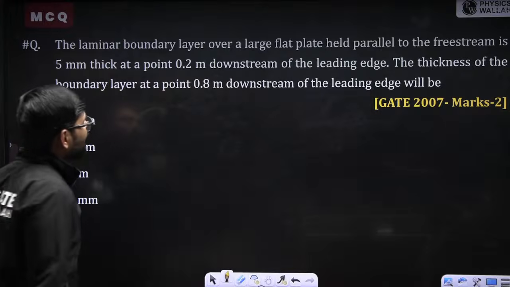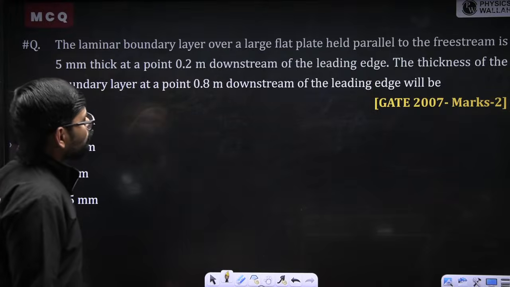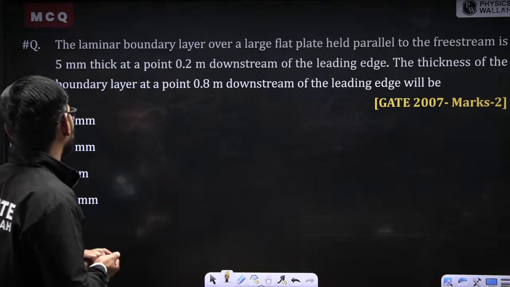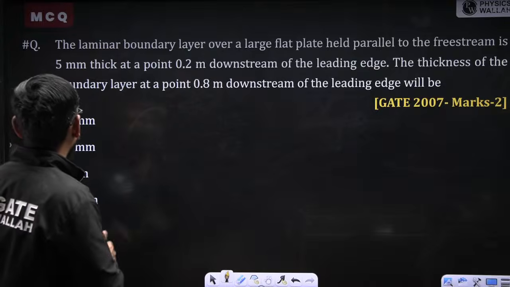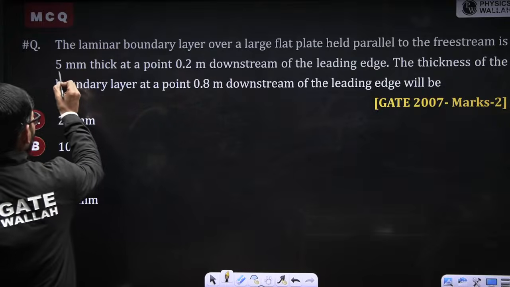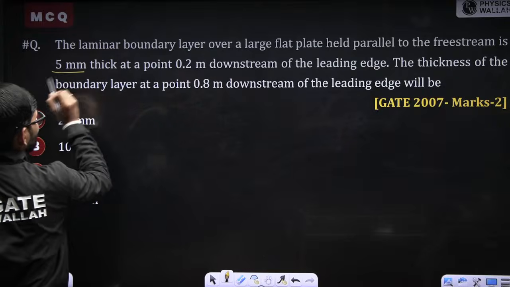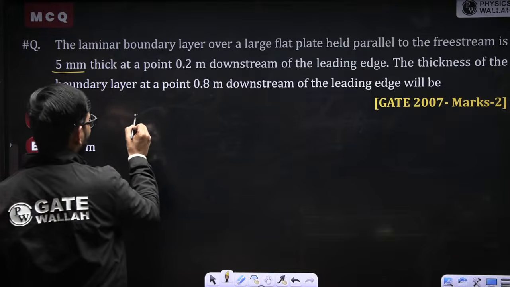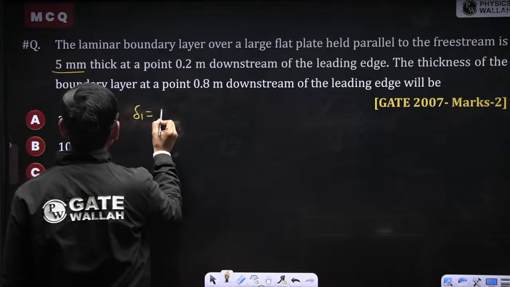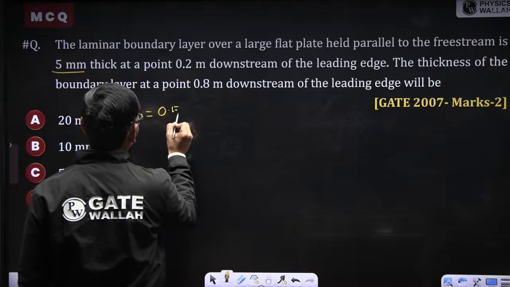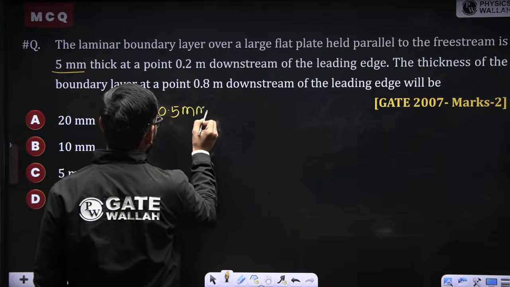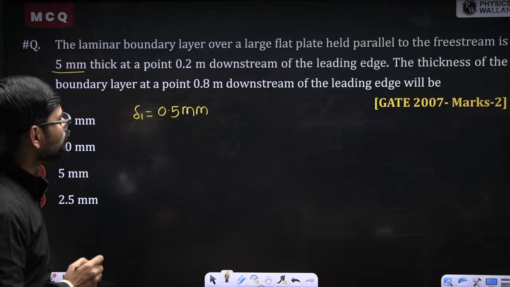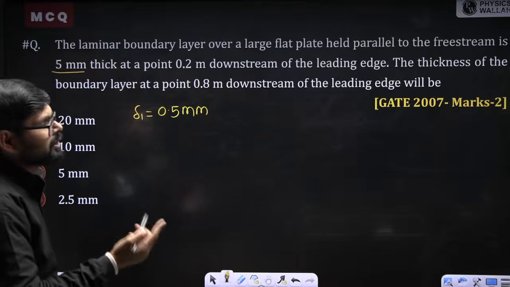The laminar boundary layer over a large flat plate held parallel to the free stream is 5 mm thick. Laminar boundary layer thickness is given, so delta 1 is 5 mm at 0.2 meter downstream of the leading edge.